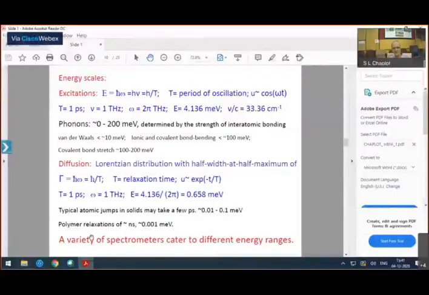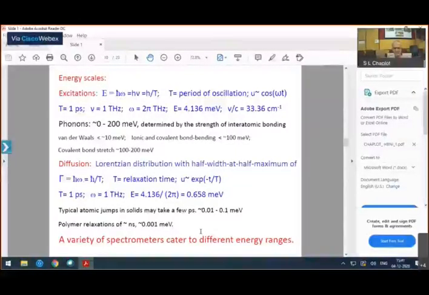In fact, some even slower relaxations are polymer relaxations, which go down not to a picosecond but even a nanosecond, and then the corresponding energy changes are even smaller. So you can see that we are talking about a very broad range of energies, 100 milli-electron volt down to a micro-electron volt. This is several orders of magnitude. In fact, there are a variety of neutron spectrometers which cater to different ranges.